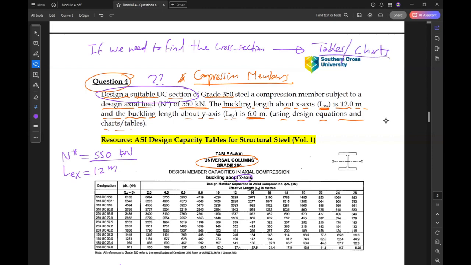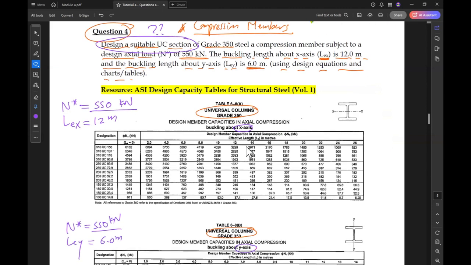Okay, let's look at this table first. How to use this chart? Here is the design member capacity in axial compression, phi N c, against effective length in meters, LE.